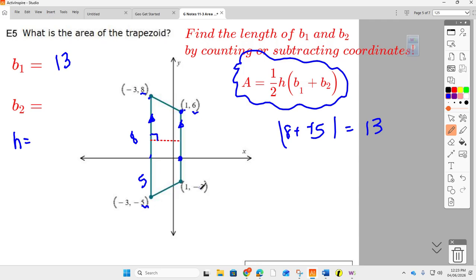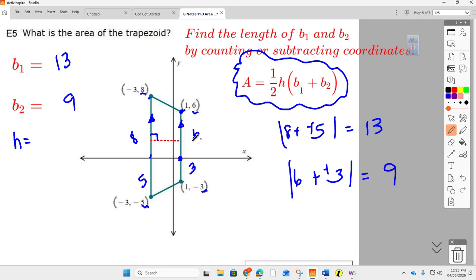So if we're subtracting, it's going to be the absolute value of y minus y. We could also count: from here to here is 6, and from here to here is 3. If you start here and count up to x, you get 3; if you start here and count down to x, you get 6. So that side is 9 units long.